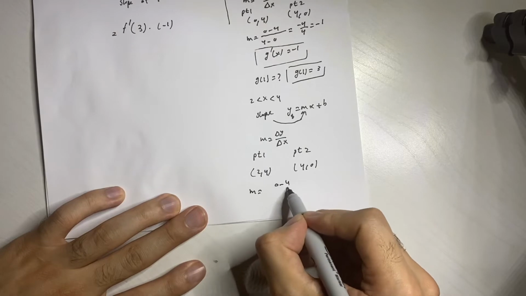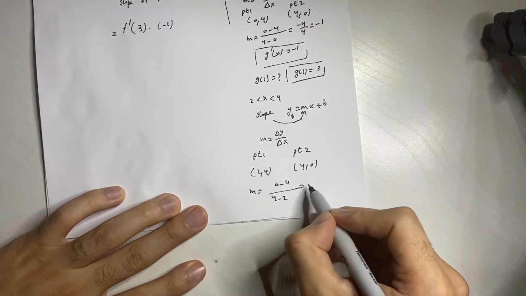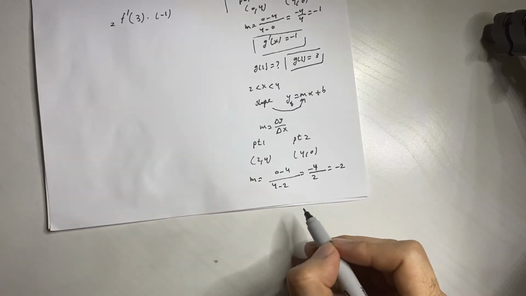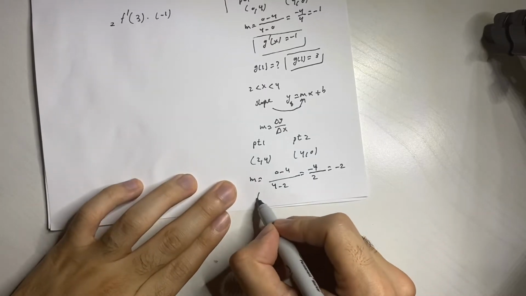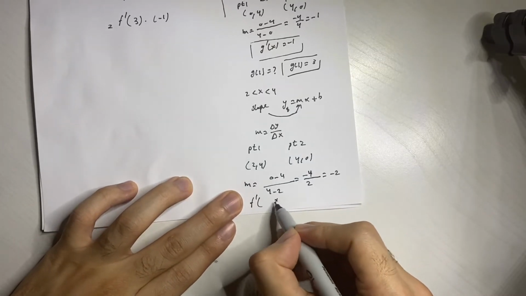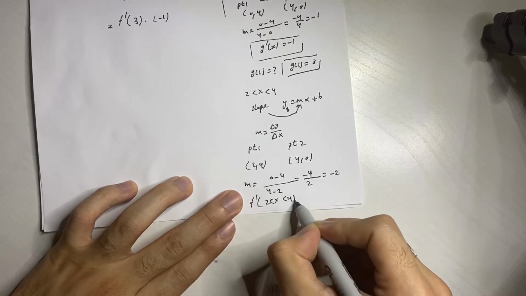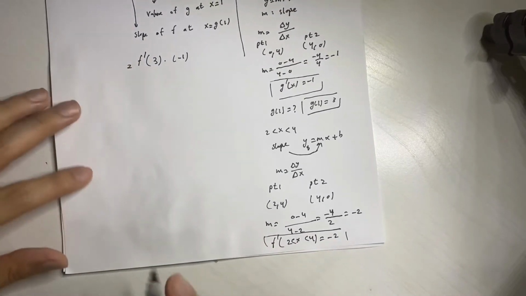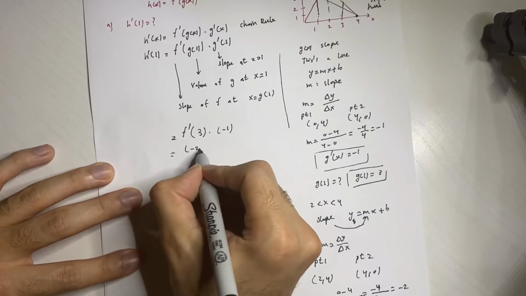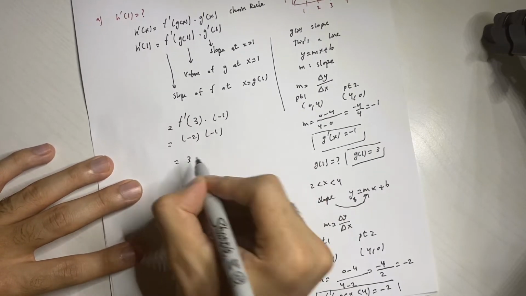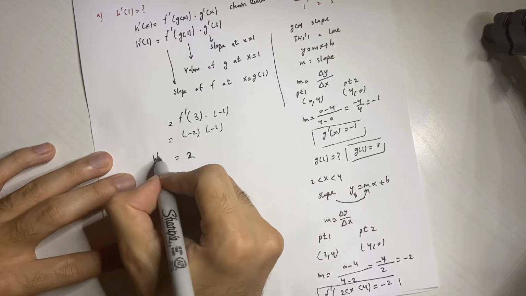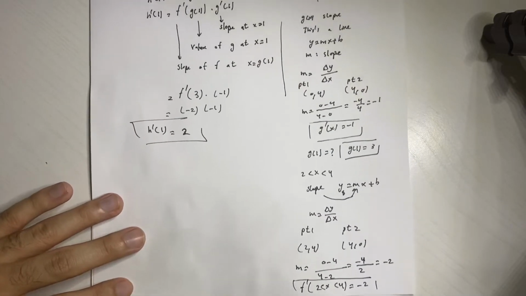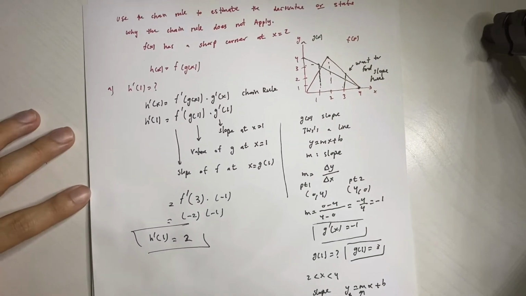Now we can find the slope. -4 over 2 is going to be -2. So the derivative on that line will be a constant, -2. That applies for x between 2 and 4 since this is the only line with the slope of -2. Now we just plug that into our function, and that will be the resulting answer.